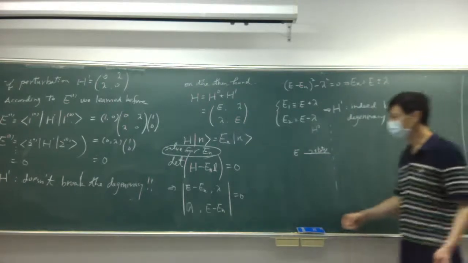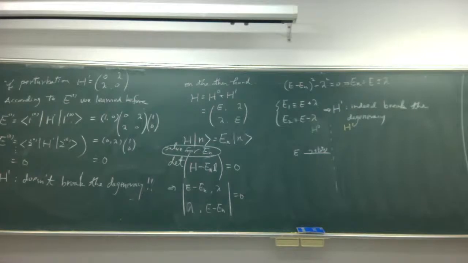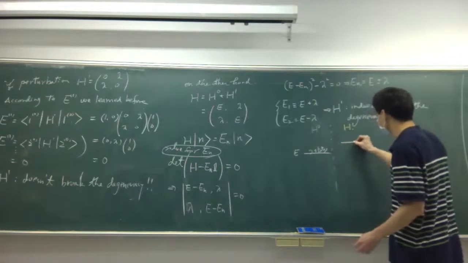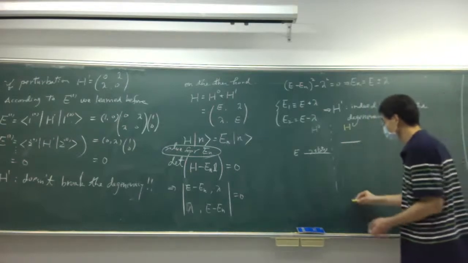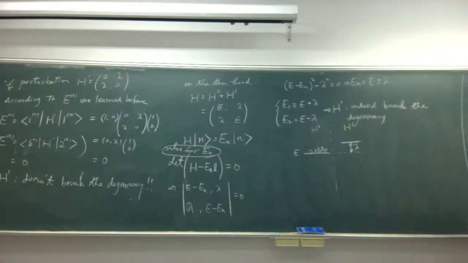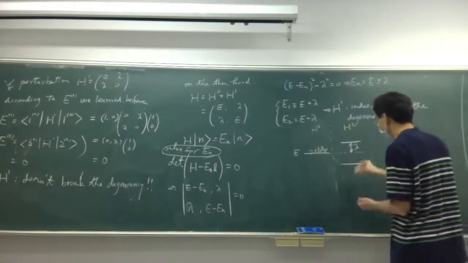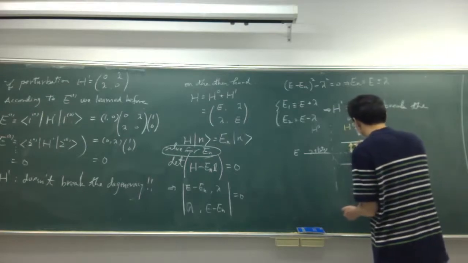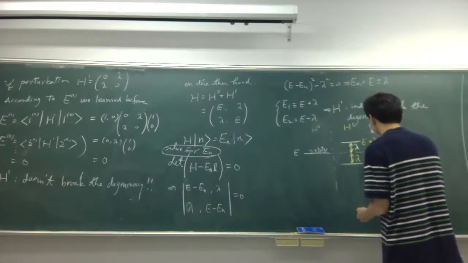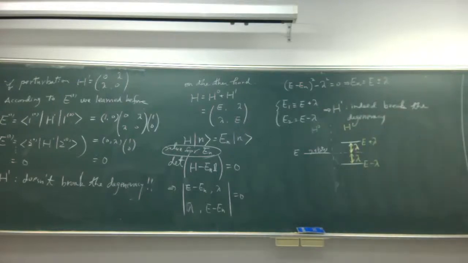After I apply the perturbation H1, one of the states is raised up by lambda and the other goes down by lambda, so they go to E plus lambda and E minus lambda. The degeneracy is broken, right?